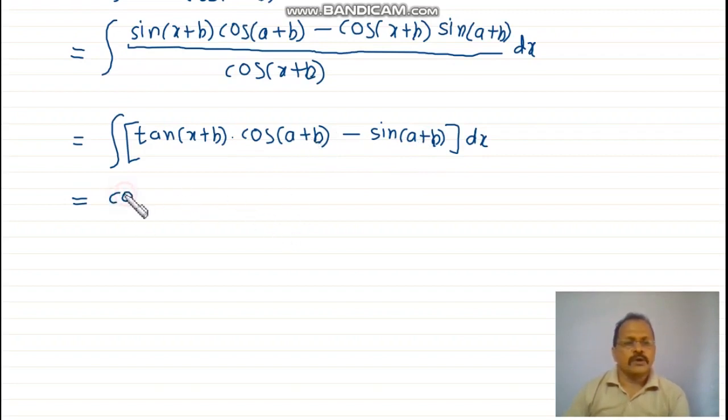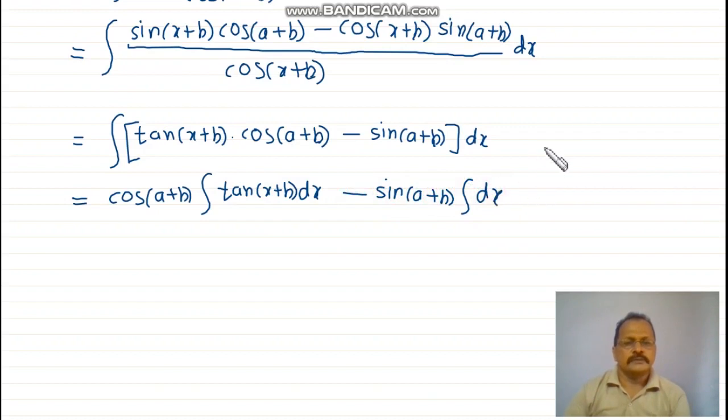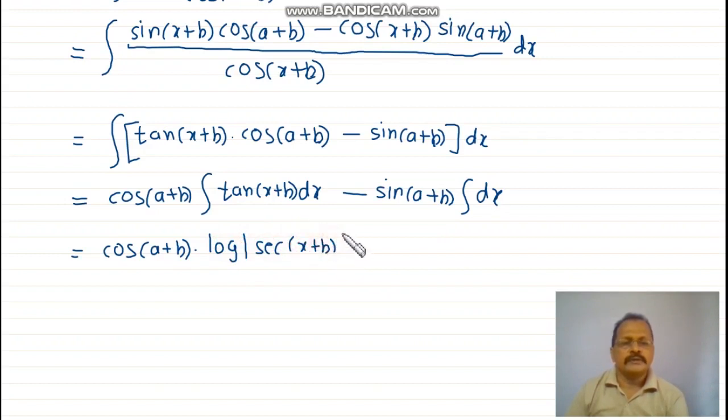So this becomes cos of a plus b times the integration of tan of x plus b dx minus sin of a plus b times the integration of dx, equal to cos of a plus b into log of mod sec of x plus b, minus x times sin of a plus b, plus the constant of integration c, and this will be your final answer.